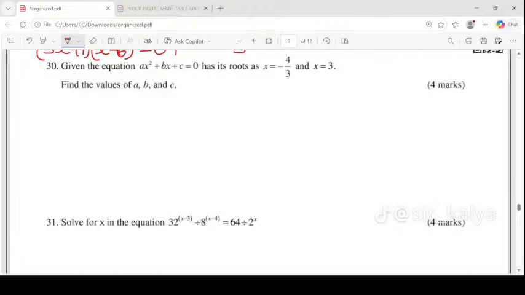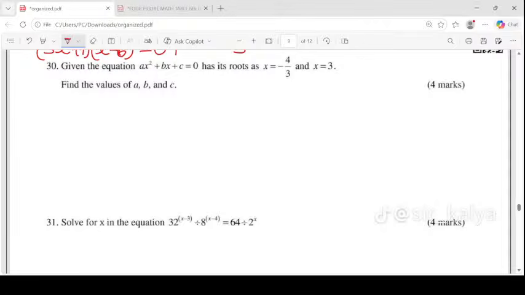Given the equation ax squared plus bx plus c is equal to 0 has the roots x is equal to negative 4 over 3 and x is equal to 3, find the values of a, b, and c. I want to explain it in a very simple way.